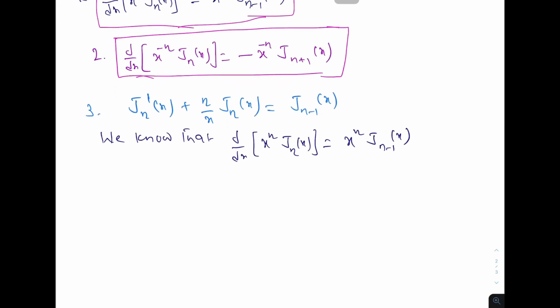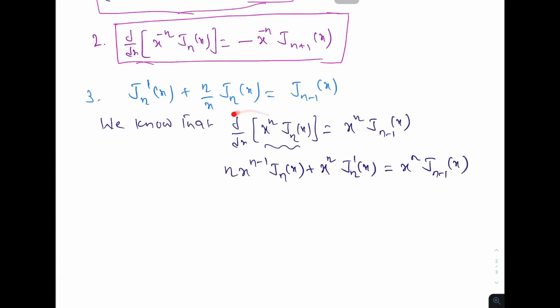Now here for the derivative, this is nothing but the product rule we need to apply. So n x power n minus 1 Jnx plus x power n Jn dash x equal to x power n J n minus 1 x. Differentiation is only on this part; this is not having anything.